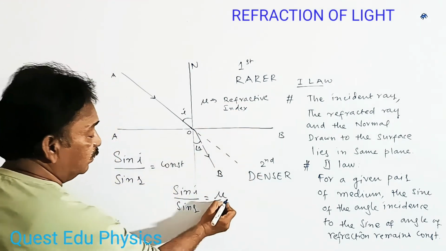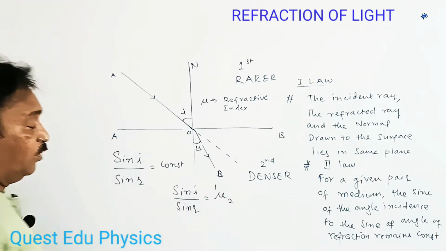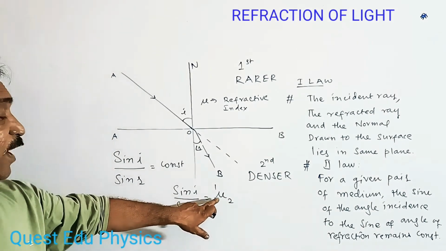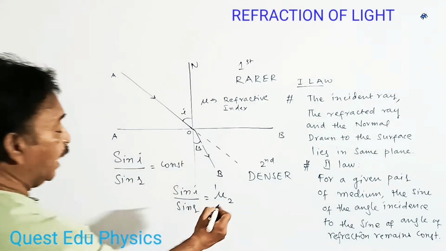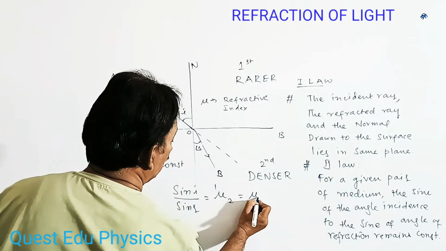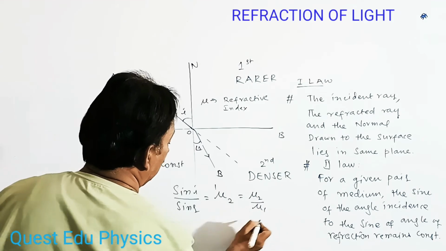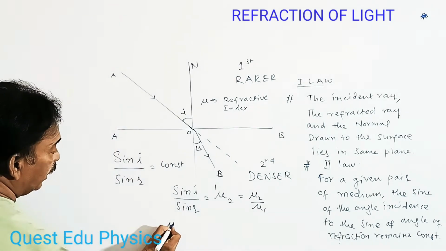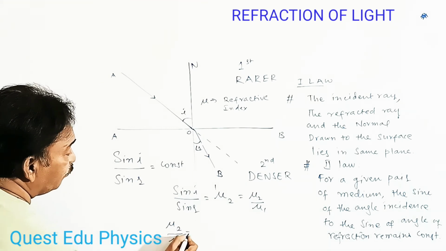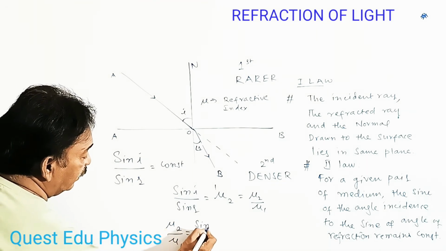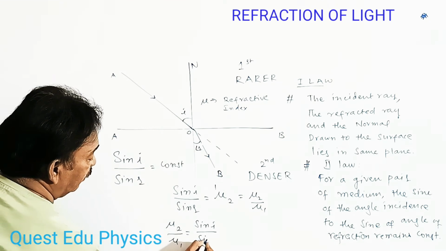Okay, students, here we are keeping the notation and you have to read it as refractive index of the second medium with respect to 1. Then it can be written as mu 2 by mu 1. Then this can also be written as mu 2 by mu 1 is equal to sin I by sin R.